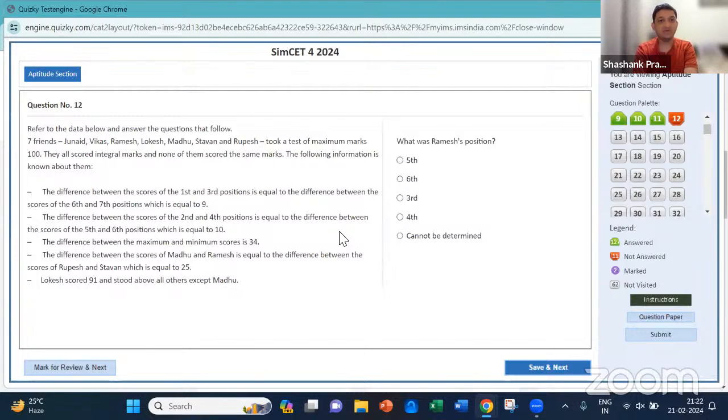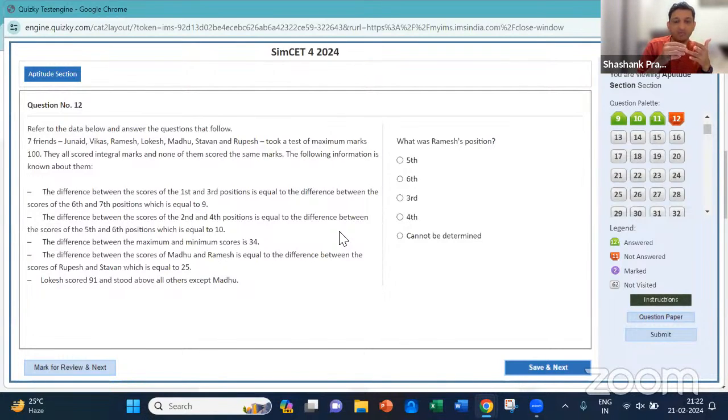First and third is equal to sixth and seventh. Second and fourth is equal to 10. So if Lokesh is 91, fourth rank is 81. So 91, 81. Madhu and Ramesh is 25.